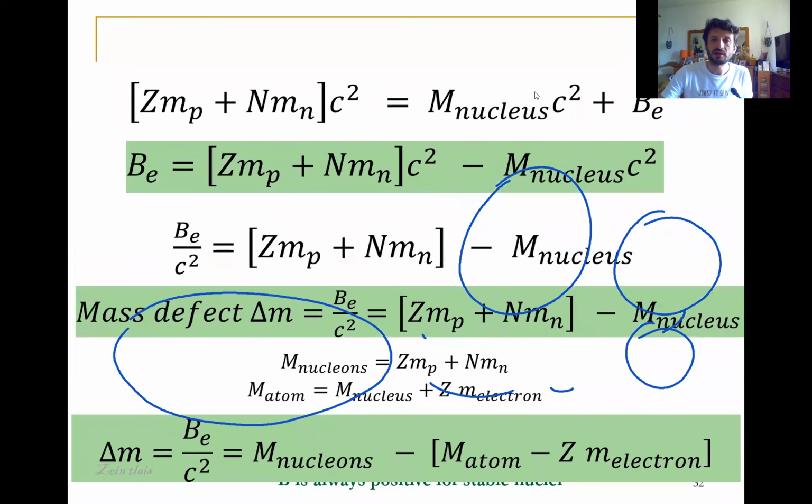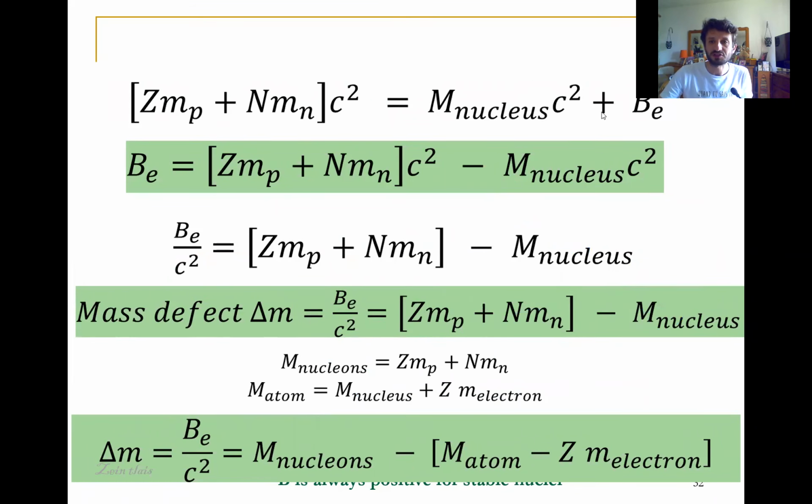Here, let me write the equations. We calculated before that the energy of the nucleons equals the energy of the nucleus plus binding energy, in the two cases, fission and fusion. Okay?